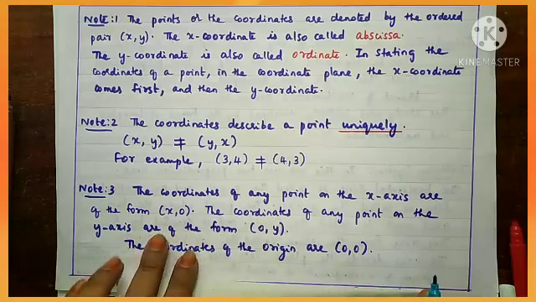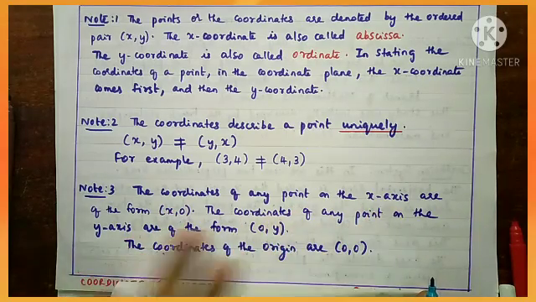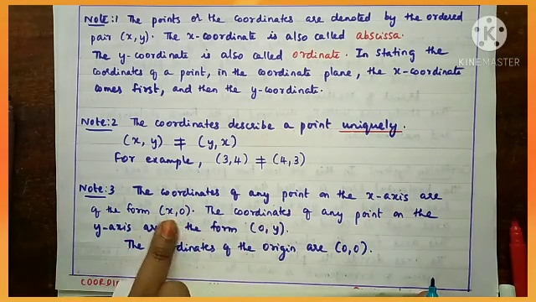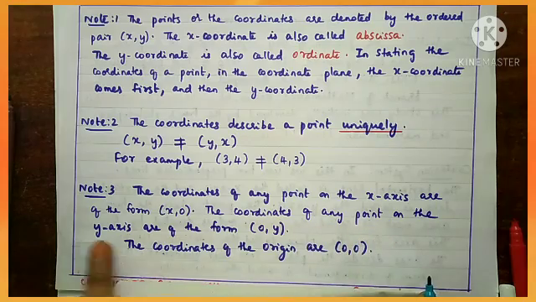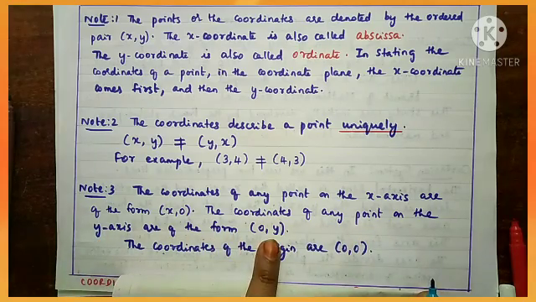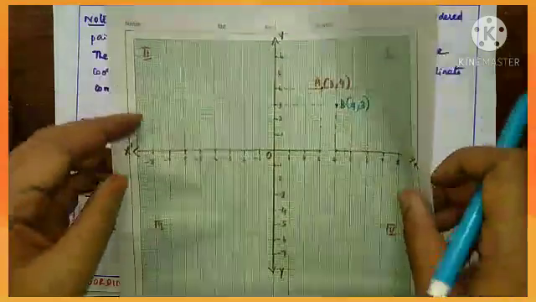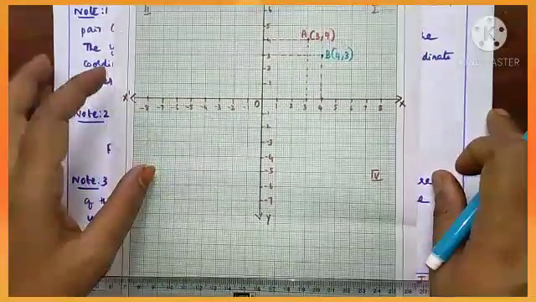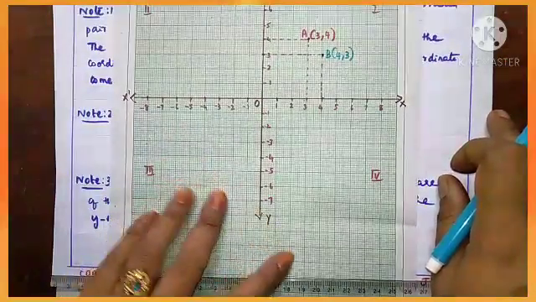Now children, I said that the coordinates of any point on the x-axis are of the form (x, 0) and any point on the y-axis are of the form (0, y). So let us check on the graph. In the graph sheet, I am taking points on the x-axis.